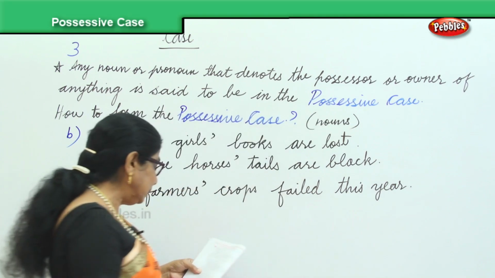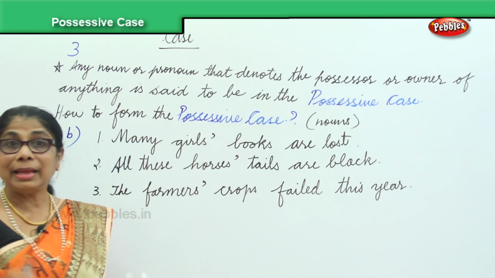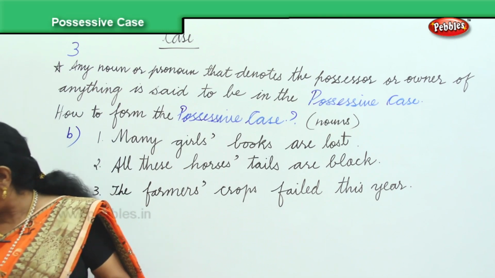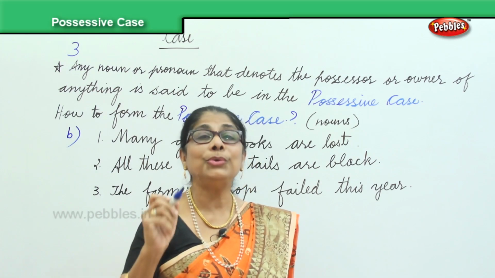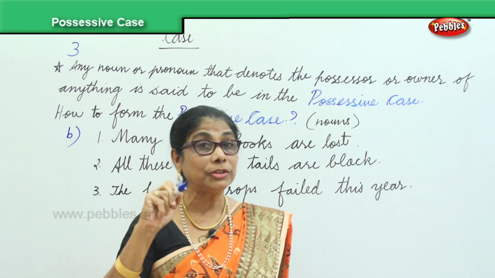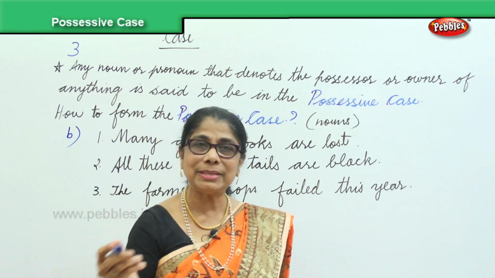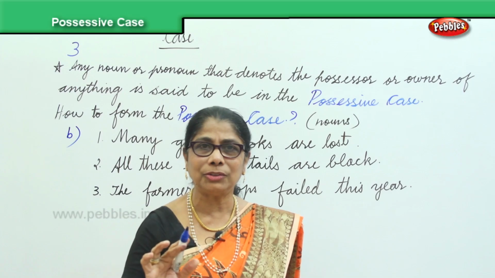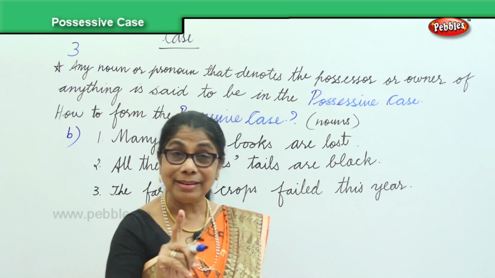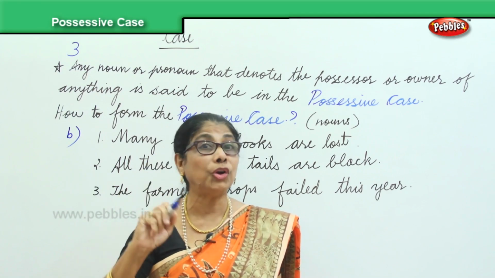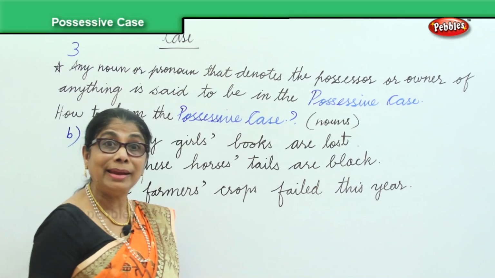Now, in these sentences, look again at the nouns. Last time we did the singular noun. When it comes to a singular noun, you put an apostrophe and an S following the apostrophe. So you will say the girl's book was lost, Tom's shoes were lost, whatever. Singular noun, apostrophe followed by an S. And here you have plural nouns.